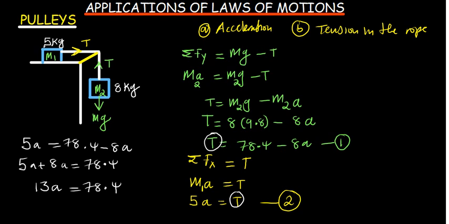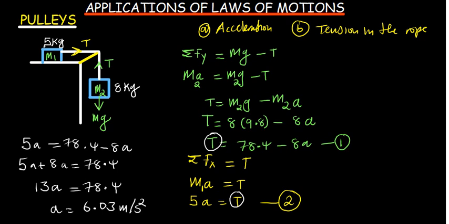So to remain with the acceleration, it is going to be 78.4 divided by 13. And that is going to give about 6.03. This acceleration is given in meters per second squared. This is the acceleration of the system.